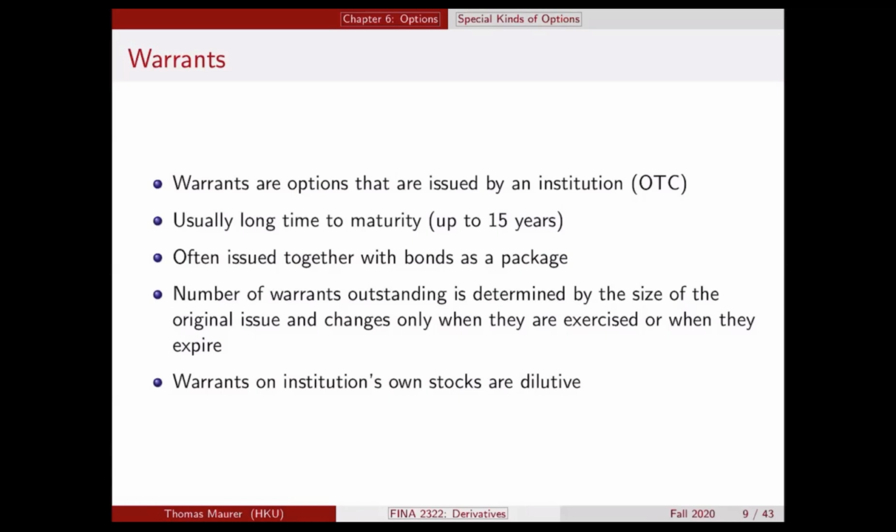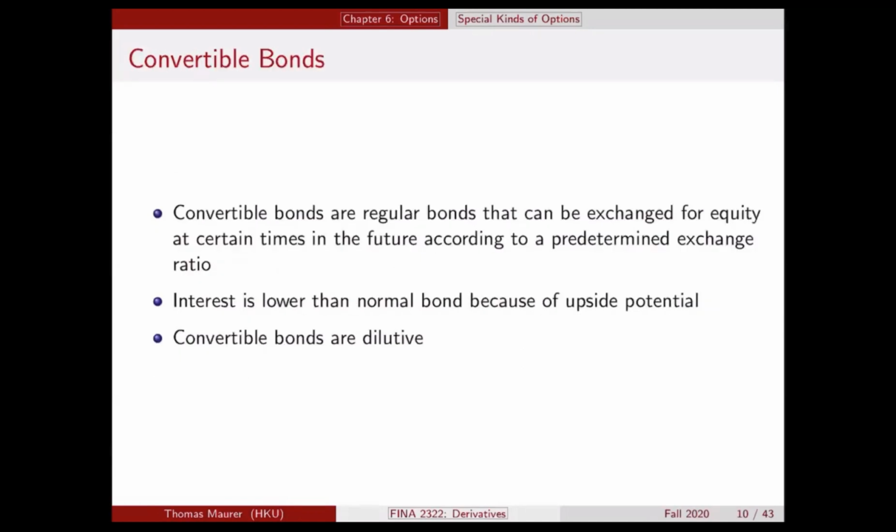A similar type of call option is convertible bonds. Here the company would borrow money, but the lender has the opportunity to return the bonds and in exchange ask for equity. This is similar to having bonds and warrants issued together. Again, the lender has some upside potential in the company if the stock price increases a lot.